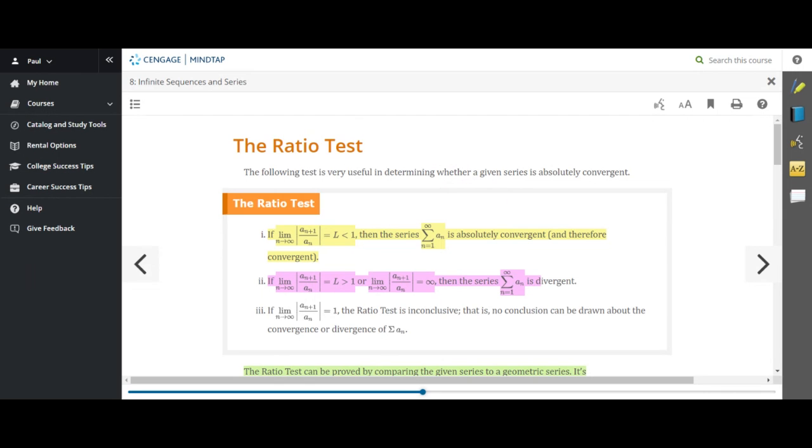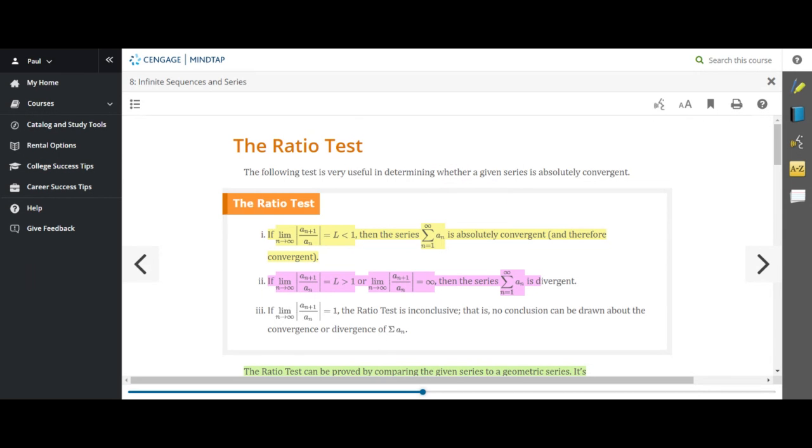Let n go to infinity, and if that limit equals L, which is greater than 1, then the series diverges. So what does this remind you of? What do parts 1 and 2 of the ratio test remind you of? If the ratio in the limit is L less than 1, the series converges, and if the ratio is greater than 1, the series diverges.